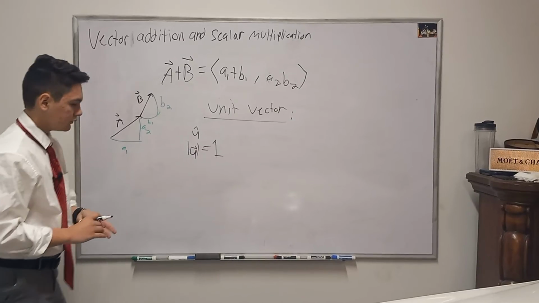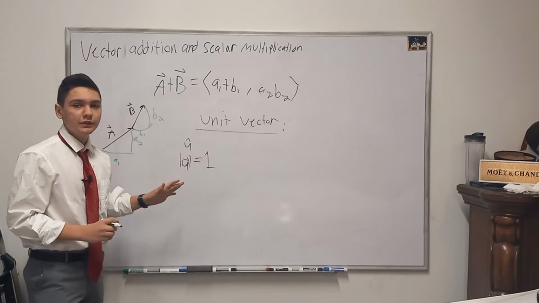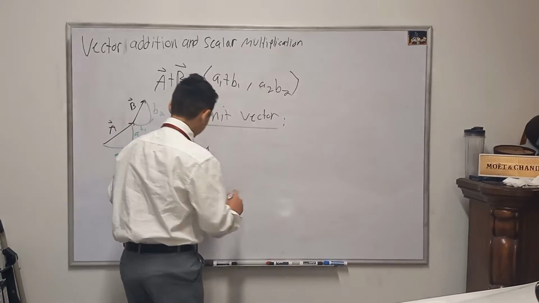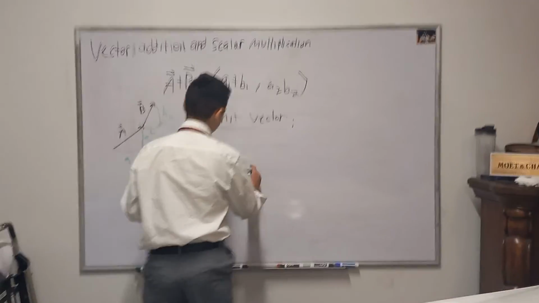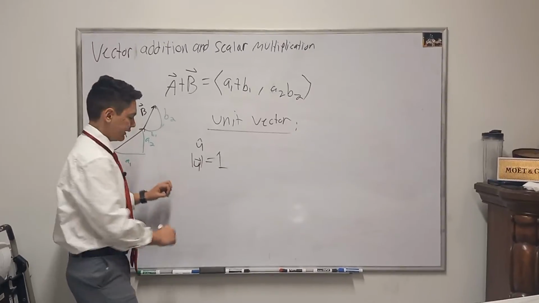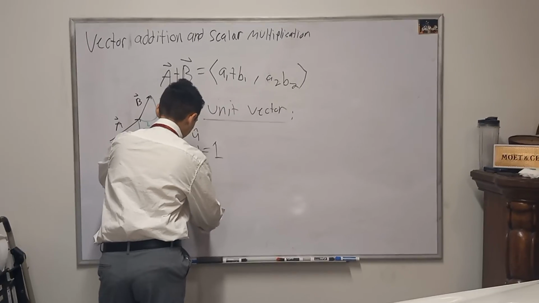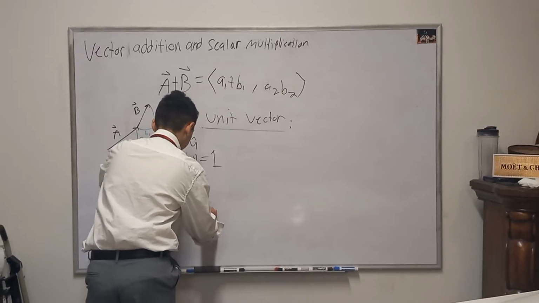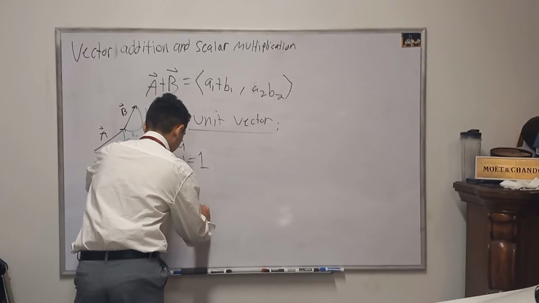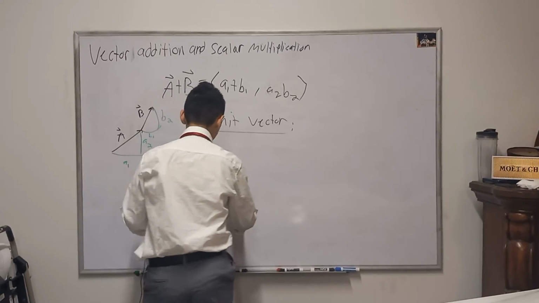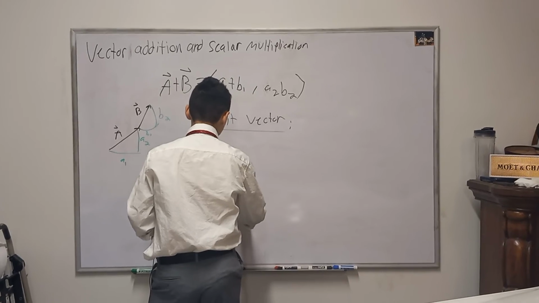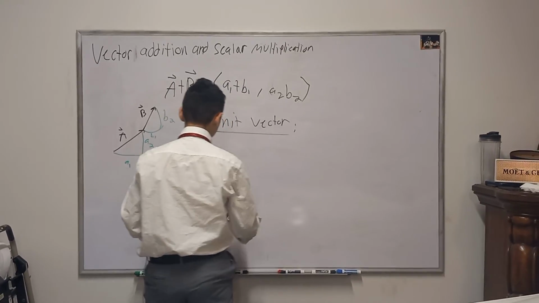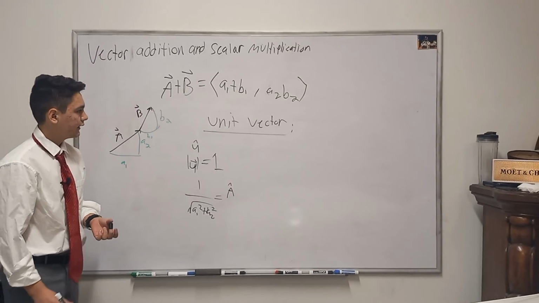Okay? And we can find this unit vector by getting the actual formula. I'm not going to derive it, but it'll be 1 over the square root of the components squared, so A1 squared plus A2 squared. That's going to equal the unit vector of A. Okay? So that's about it.